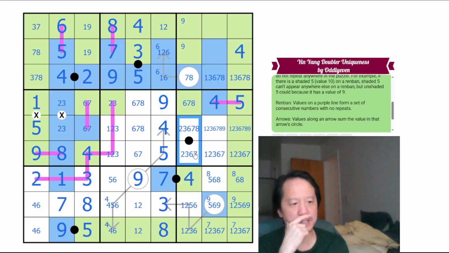What about 6? 6 would have to be 11, which is not going to be doubling to any value that we have, or it's 12. 12 would be with 6 also.